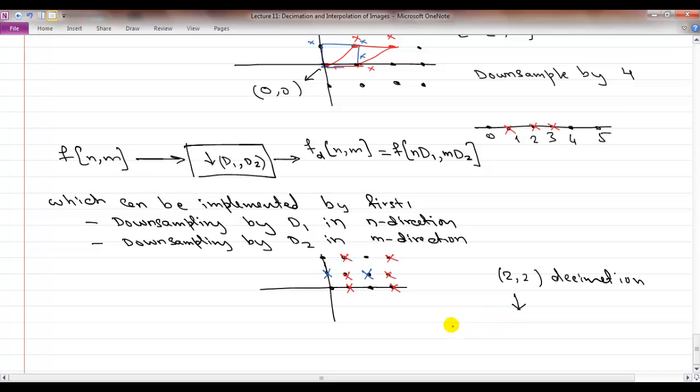So if you started with, let's say, 4 megapixels, after this downsampling operation, you get back 1 megapixel. You have a 4-fold reduction.